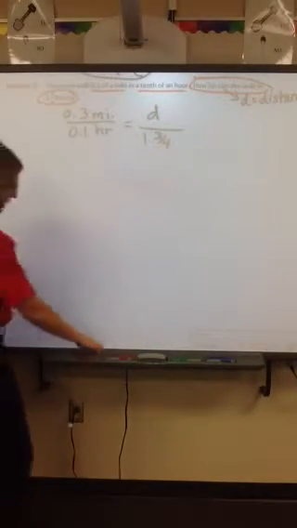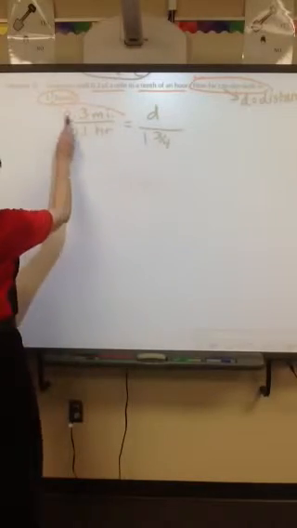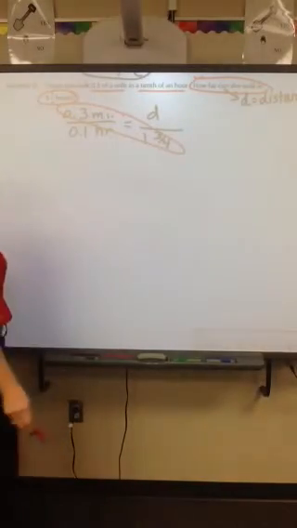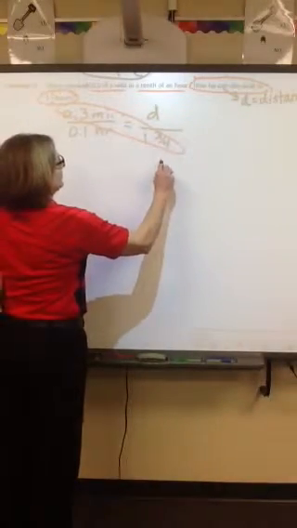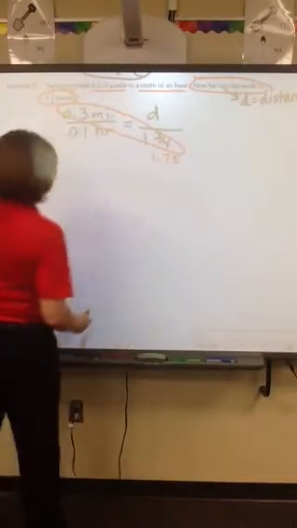So now we're ready to solve. We're going to cross multiply. So we're going to take 3/10 times 1 3/4. We can just say that 1 3/4 is the same thing as 1.75.